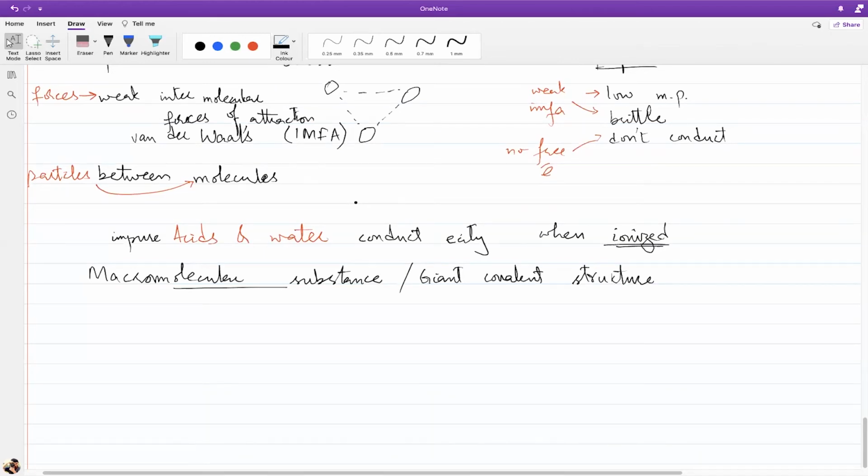So 8 electrons share करना और उनको एक छोटी सी जगह पे confine करना, it's quite impossible. So what does it do? Instead of sharing 4 electrons, it shares 1 electron with one atom, one with another atom, one with another atom, and one with another atom, making something like this. So this is a carbon atom. It shares one with this one with another, one with another, and one with another.